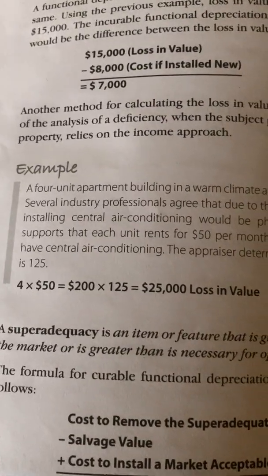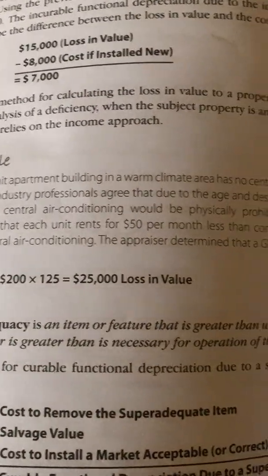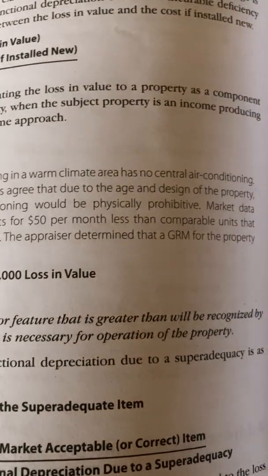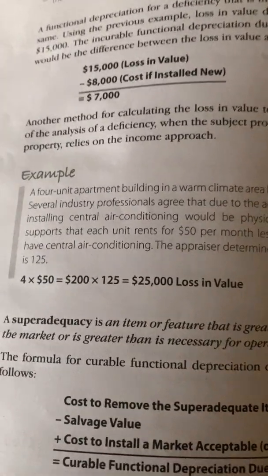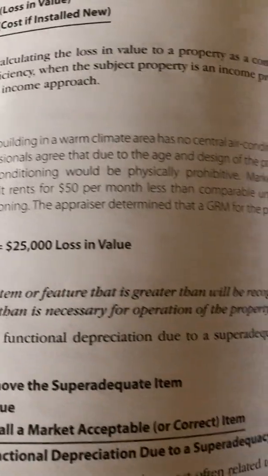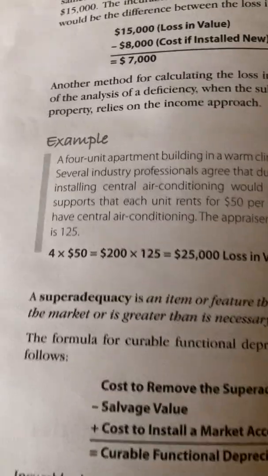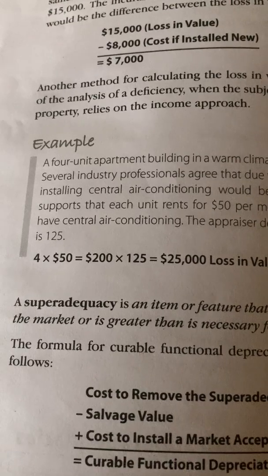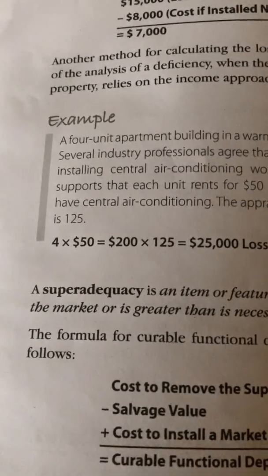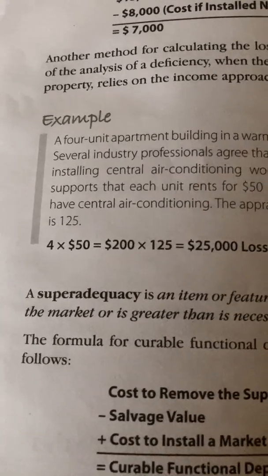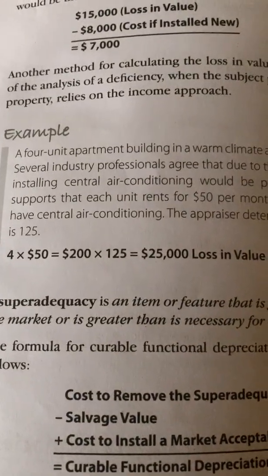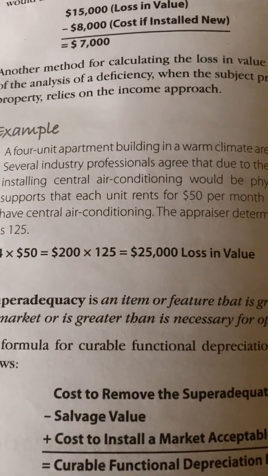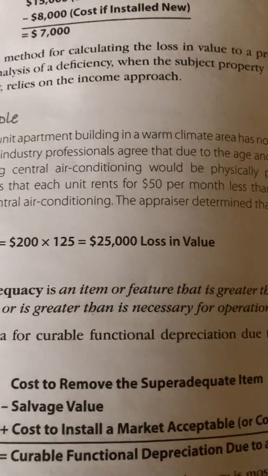Market data supports that each unit rents for $50 per month less than comparable units that have central air conditioning. The appraiser determined that a GRM for the property is $125. Here's the formula: 4 times $50 equals $200 times 125 equals $25,000 loss in value.